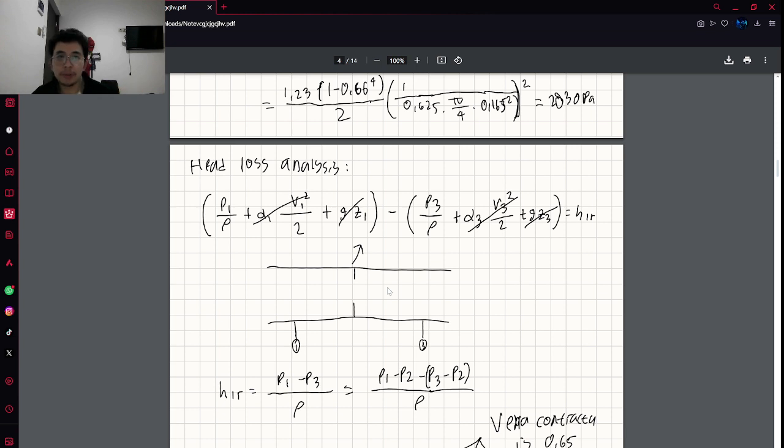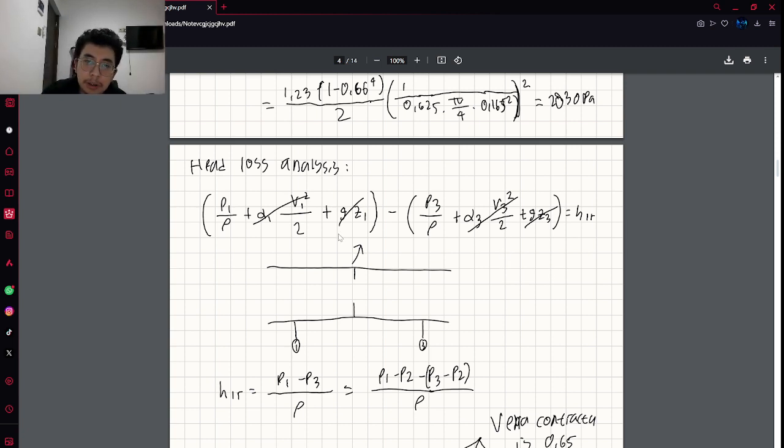From our previous lesson when we analyzed the venturi, we didn't actually determine the head loss because it's so minimal. But for this part, we really need to determine it because head loss for an orifice is so significant that we have to determine it.